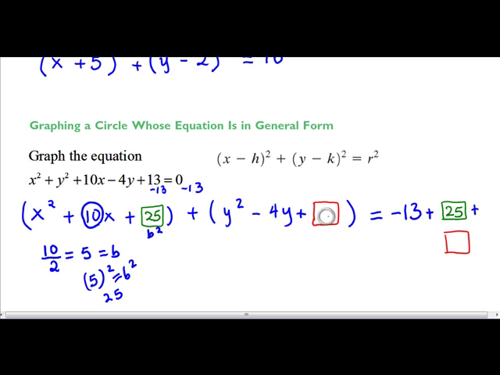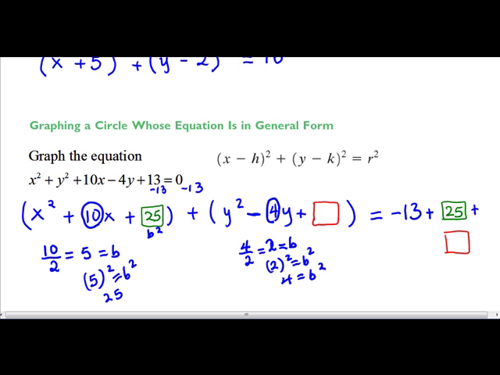Now, to find the number in the red box, we do the same thing. We take the 4 only. We do not worry about the minus here; we take care of it later on. So 4 divided by 2 is 2, which stands for b. And then 2 squared is b squared, which is equal to 4.